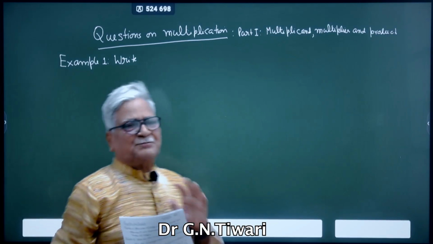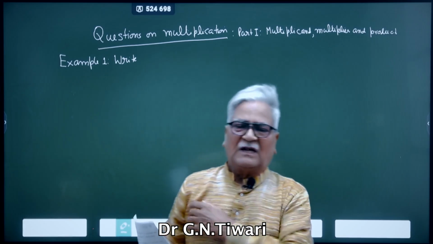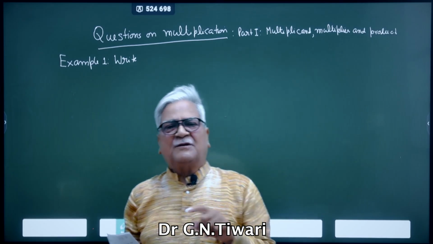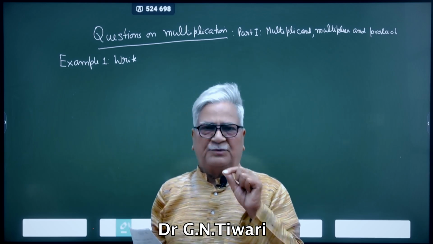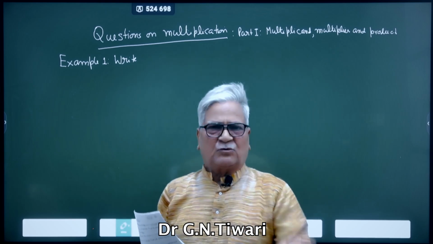I have already explained two formulas. One is based on the multiplicand and another is based on the number of objects in a group. So two examples I give and then I will give a question.